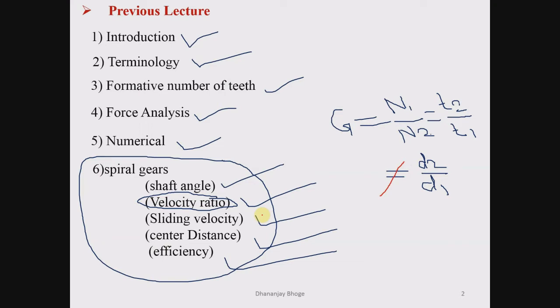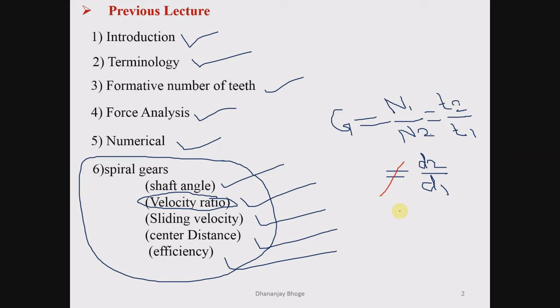That means if a gear has a larger diameter, it does not necessarily have more teeth. This is not true for spiral gears, because in case of spiral gears, a gear having a small pitch circle diameter may have a large number of teeth. So we do not use the terms pinion and gear in spiral gears.